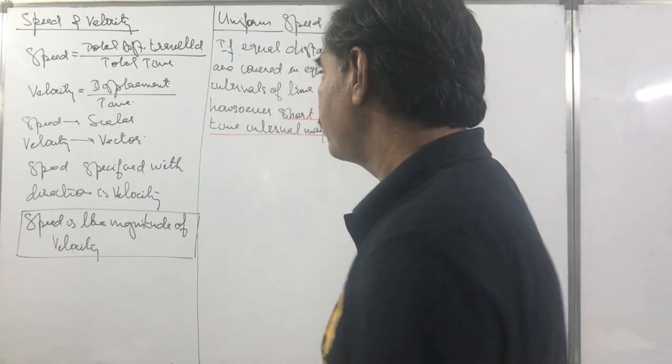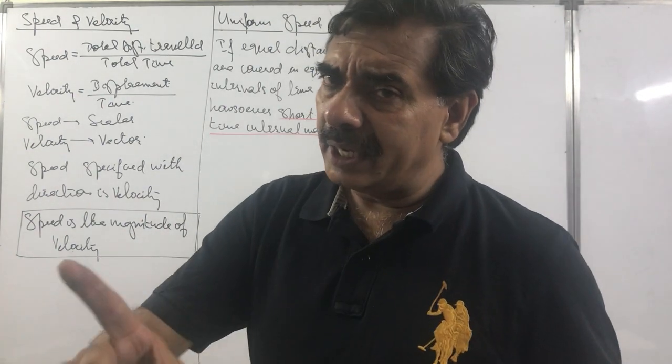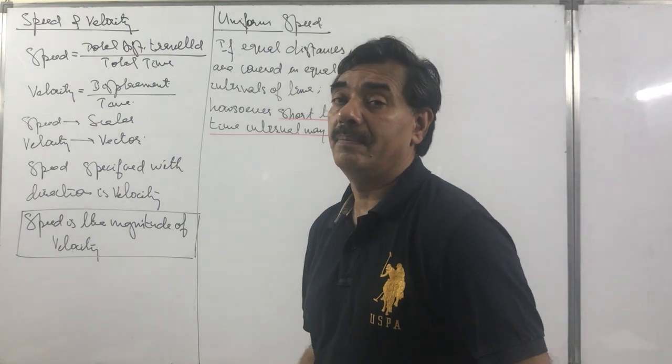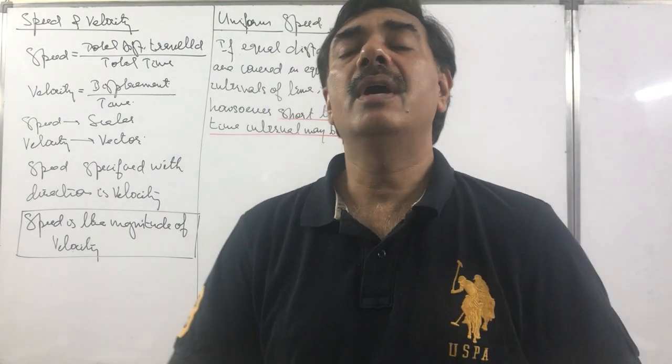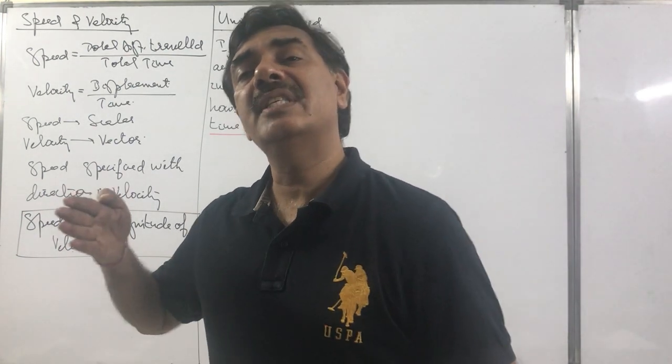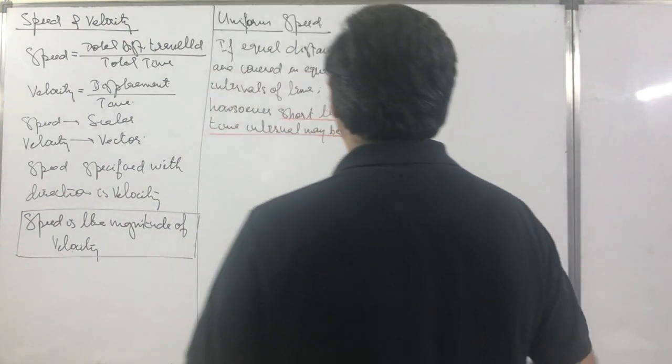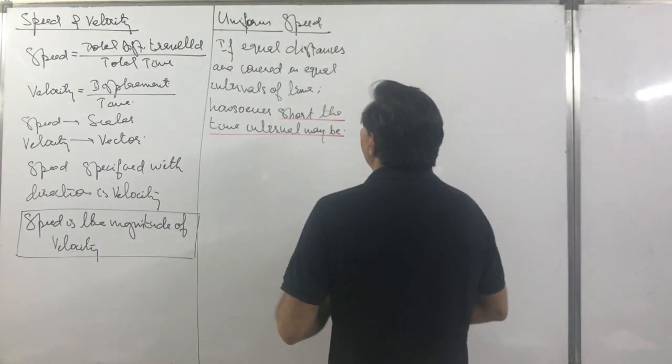Okay. For a particle moving along a straight line, uniform speed and uniform velocity would mean the same. We are studying distance traveled along a straight line. We are not going to turn here and there. Okay.